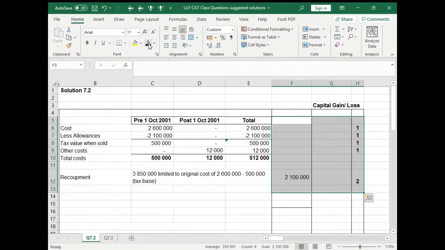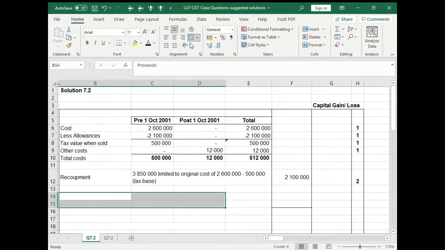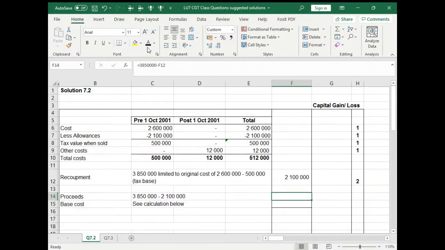Now for the proceeds, we say 2.1 million have been recovered from the recoupment. So that means our proceeds is changed to 1.75 million. Let me just unhide it here on the screen. Okay, so the proceeds is 1.75 million.